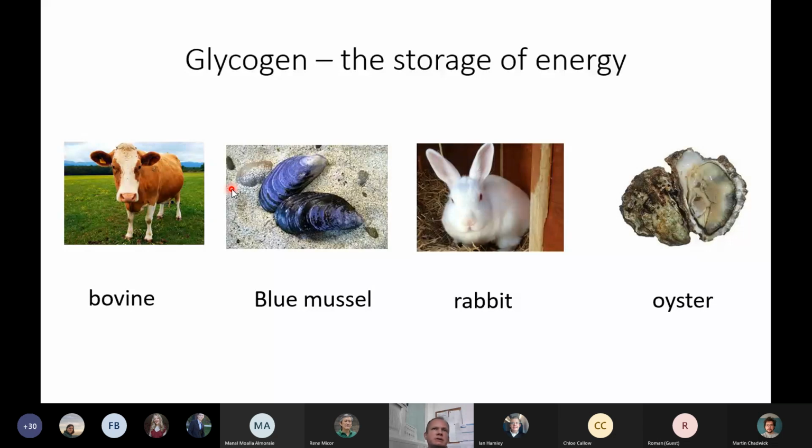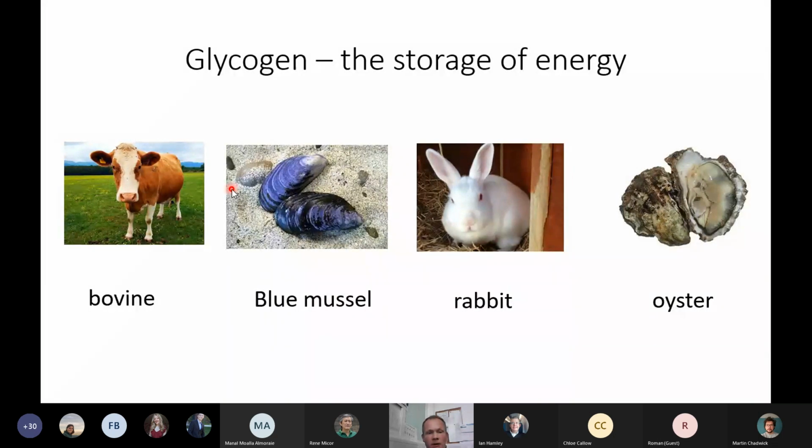Every human being has something like 200, 300 grams of glycogen. And runners who are running a marathon actually know that once we have glycogen, we can run faster. But when we are running out of glycogen, the body starts digesting fats, and this is known as the marathon wall.